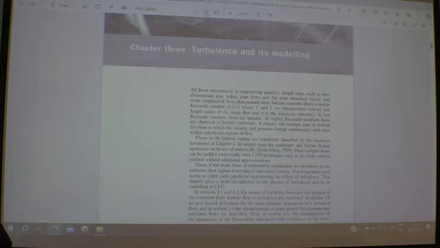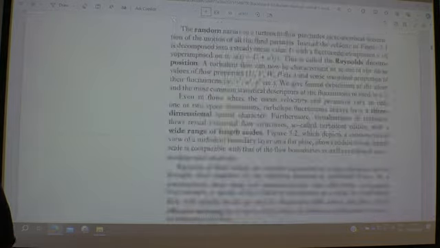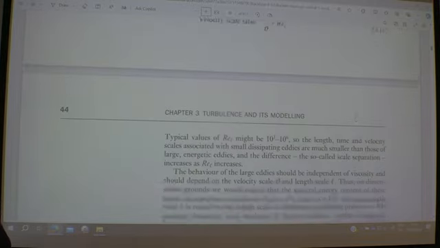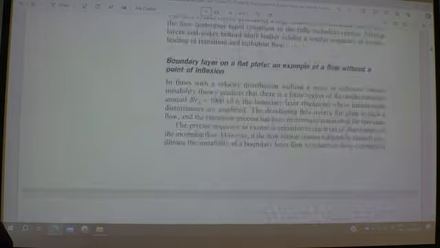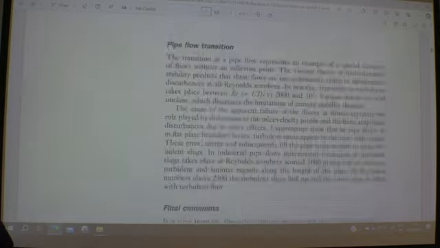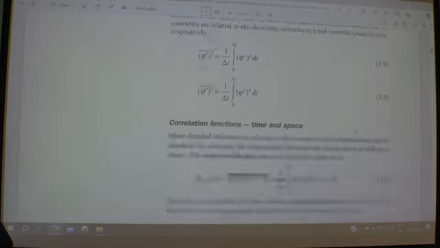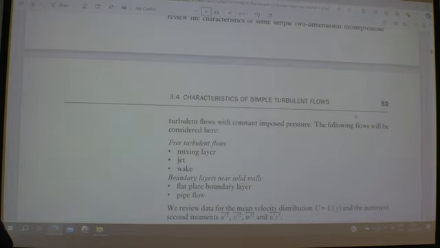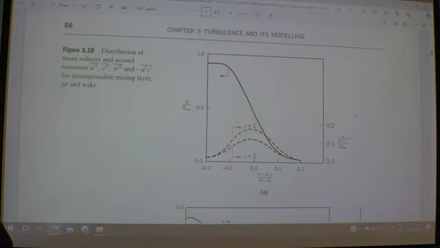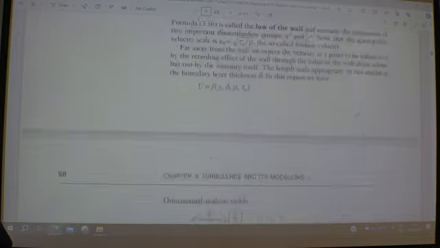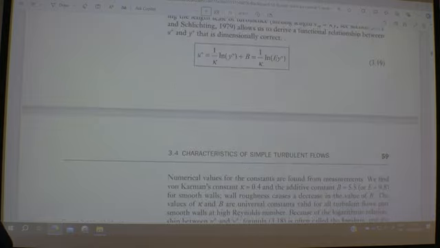Now, something in this one is worth mentioning. Let's see now. Where are we? Here we are.